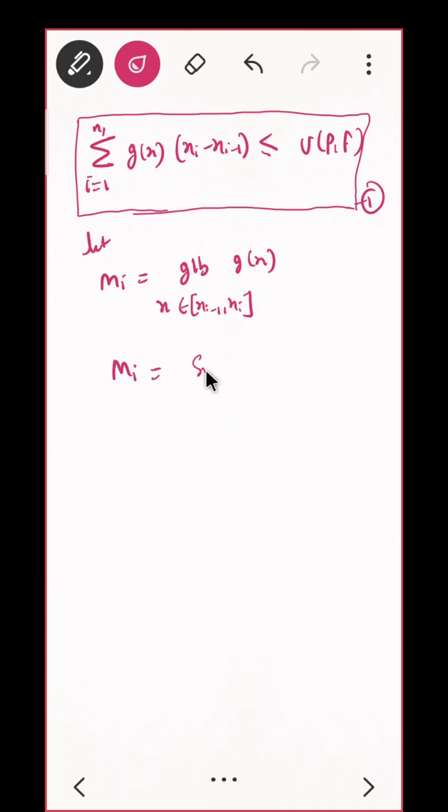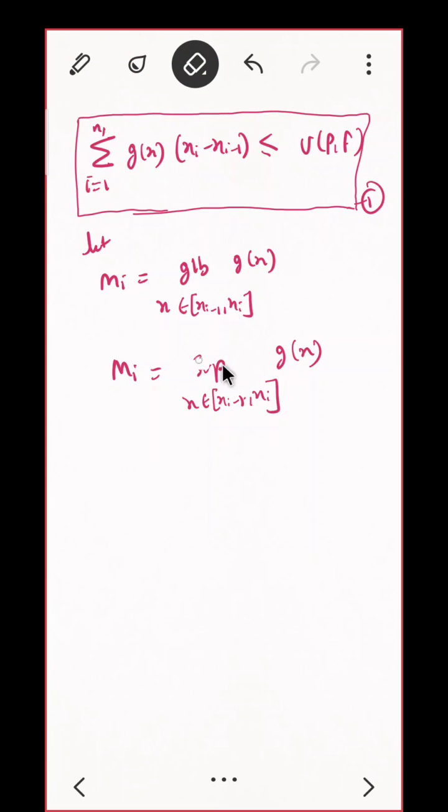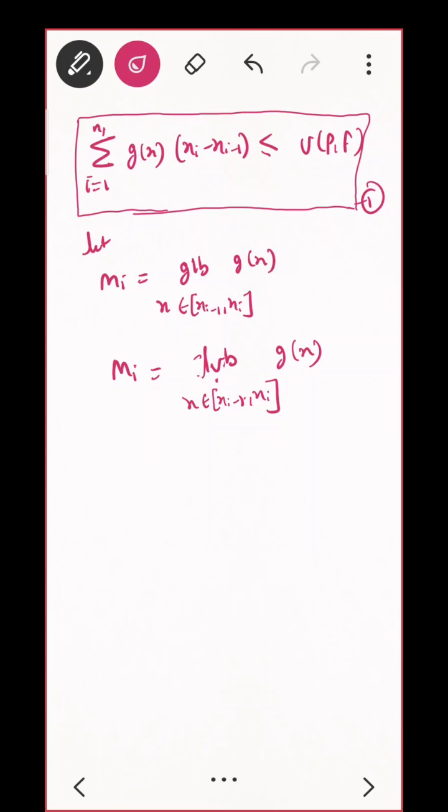That will be the supremum of g of x, x belonging to xi−1 to xi. See, all these things depend on xi only. Maybe I should put lub here if I am using lub. So we are considering two terms: small mi equal to glb of g of x and capital Mi equal to lub of g of x.